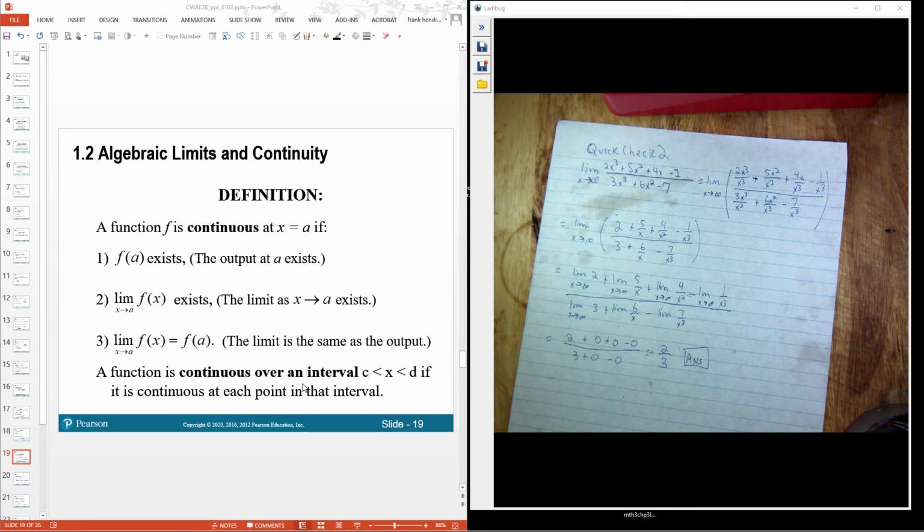Now look at continuity. A function is continuous at a if f of a exists, the limit exists, and the limit is equal to the function value at that point. If it's true, then it's continuous there.